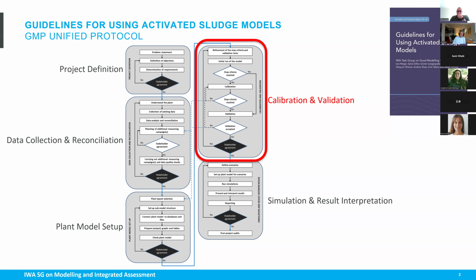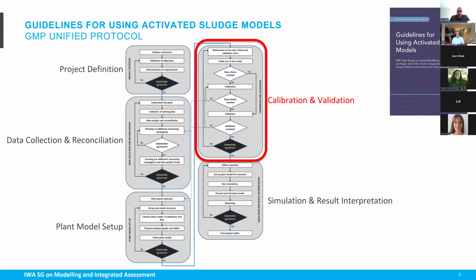What you see here highlighted in red is the calibration validation step, but really it's the fourth step out of five. The way we define calibration validation means that we shifted a lot of the effort that a lot of people would still see under calibration into step two, data collection and reconciliation.